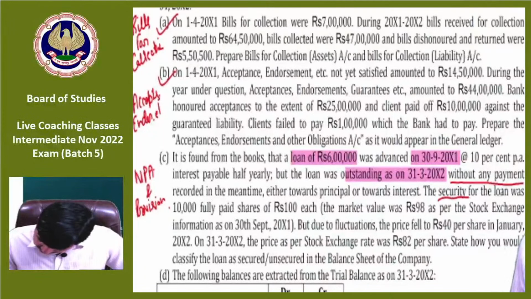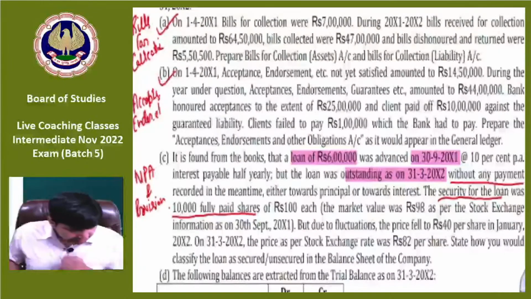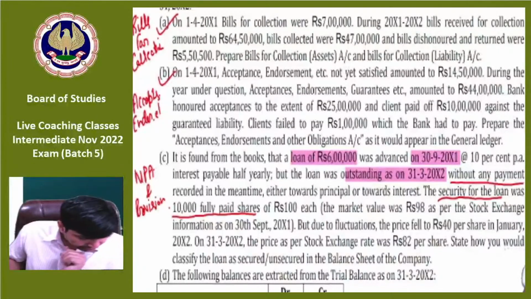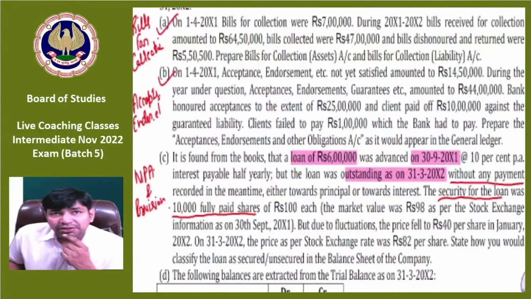The security for the loan was 10,000 fully paid up shares. Against the loan, what was the security? That was 10,000 fully paid up shares.